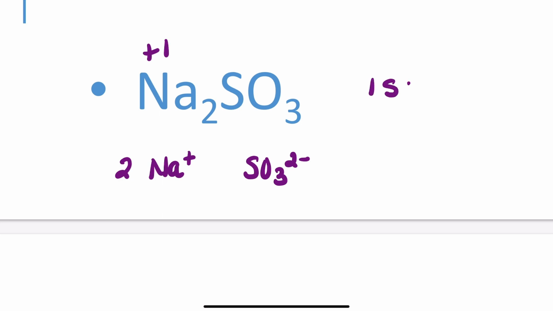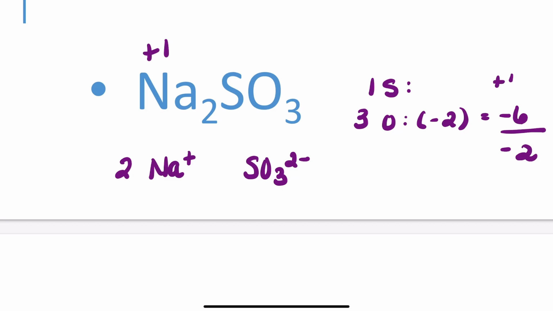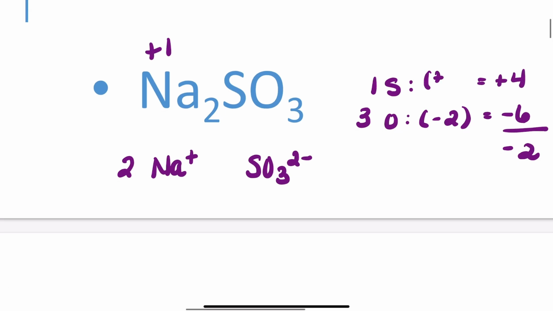So I've got 1 sulfur, 3 oxygen. Oxygen is a more electronegative species. 3 times -2 is an overall -6. I need an overall -2 charge. So this must be +4. If sulfur was +4 minus the 6 from the oxygens, I would have an overall -2 charge. +4 and -2.